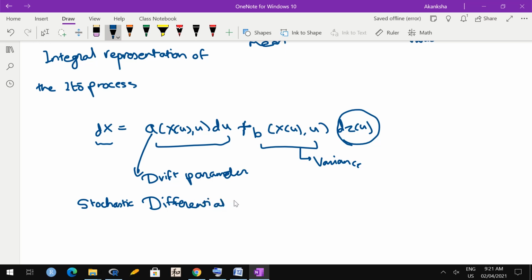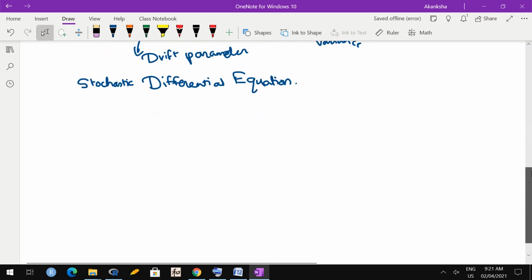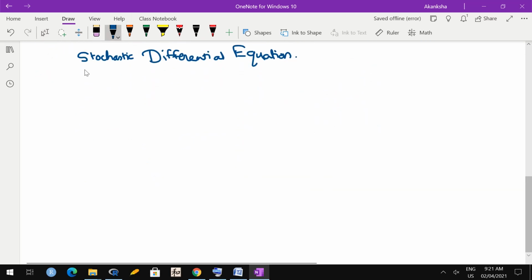And just like given a usual differential equation, you try to find if there is any function which satisfies it, similarly here also we try to find a solution to this stochastic differential equation, and this solution would exist only under certain conditions. So let me write those conditions down.